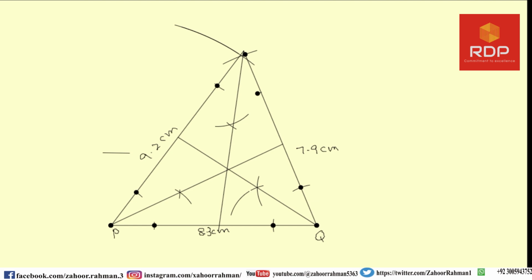So there will be one point which is intersecting, and that will be the point which I am making as T. So that will be the point from where we have to consider that this point is equidistant from all the three sides. That was the whole story about the question number.